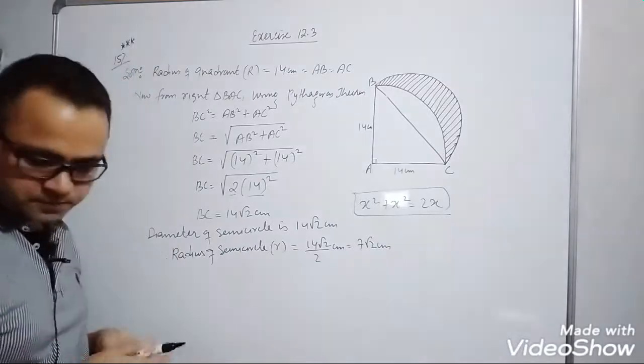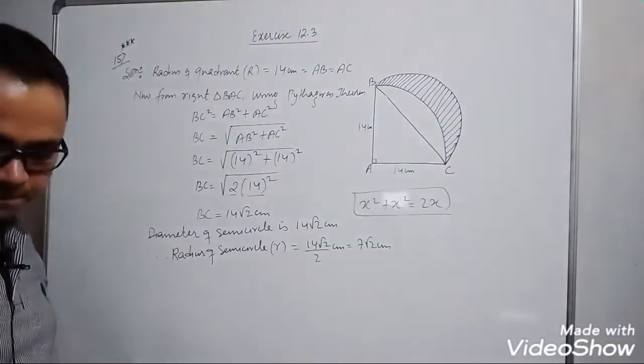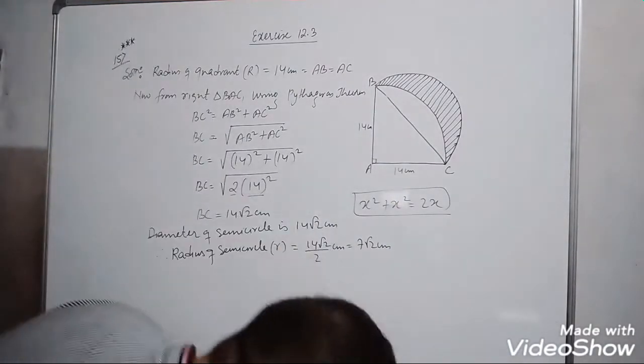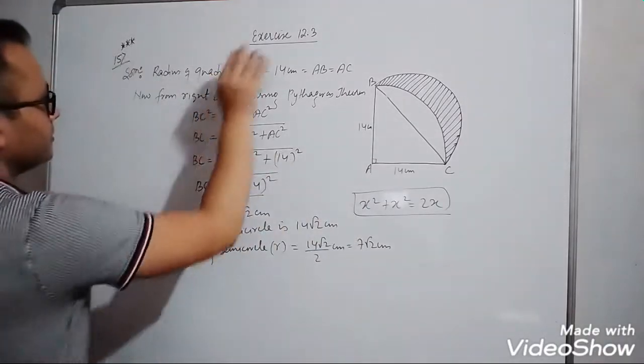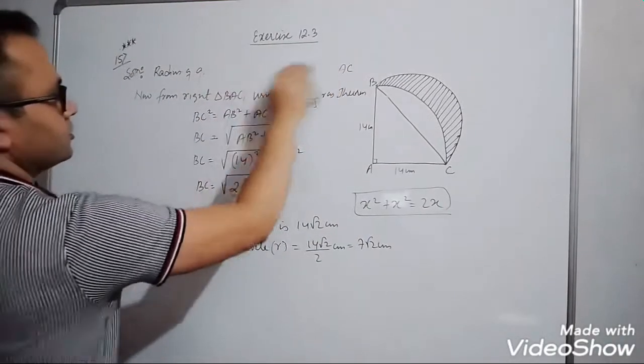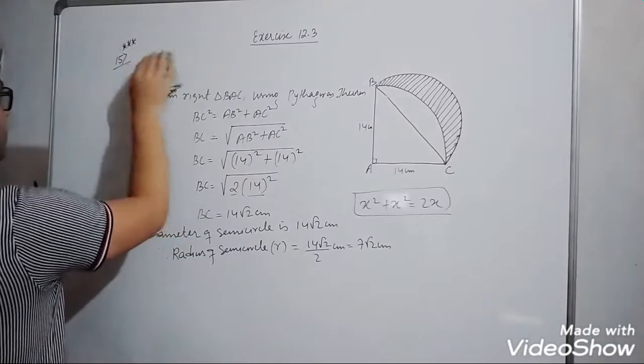So therefore, area of shaded region. Radius of quadrant is 14 centimeter.